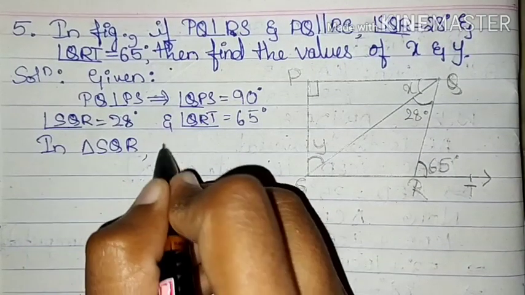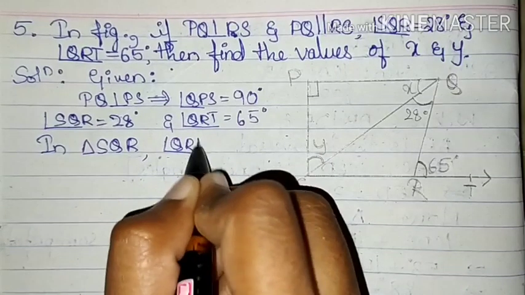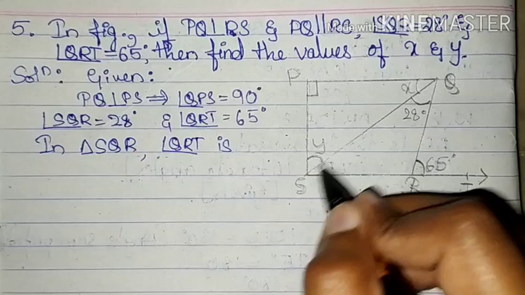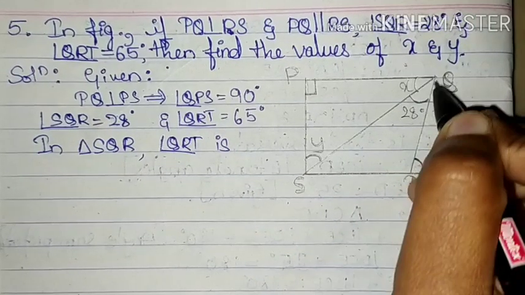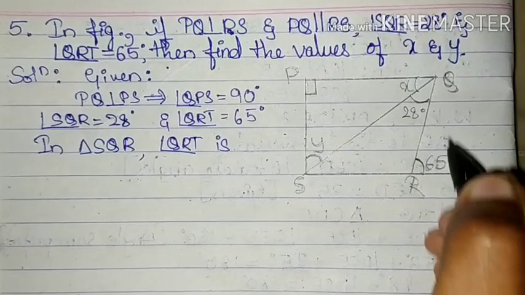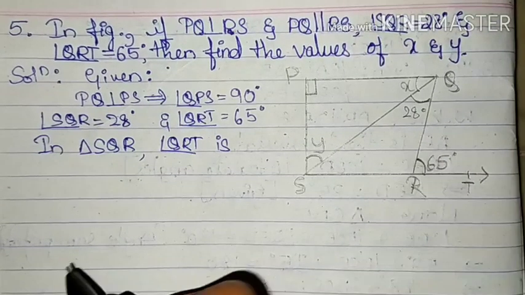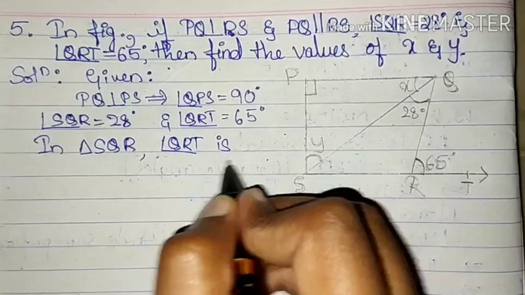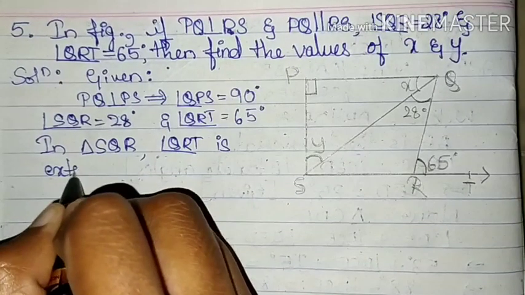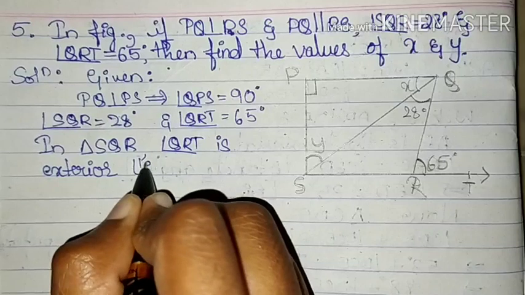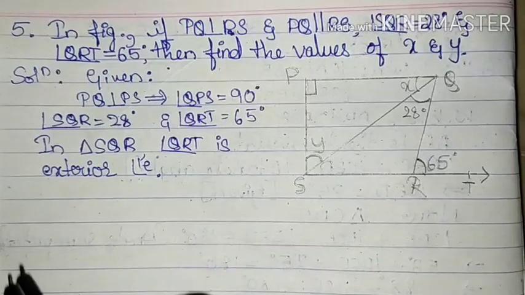Now in triangle SQR, angle QRT is exterior. If you look at this triangle SQR, angle QRT is the exterior angle to this triangle, and from the exterior angle theorem we know that the exterior angle is equal to the sum of interior opposite angles.